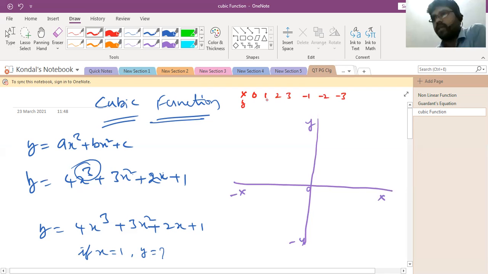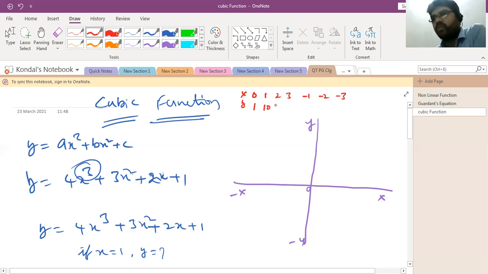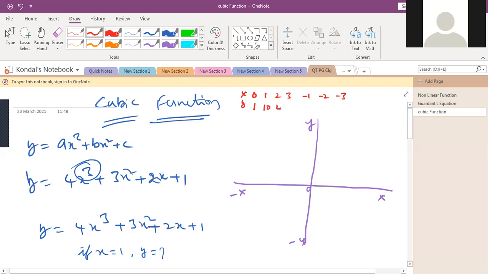Next, if x is equal to 1? Y equal to 10, sir. 10. If x is equal to 2? Y equal to 49. 49.